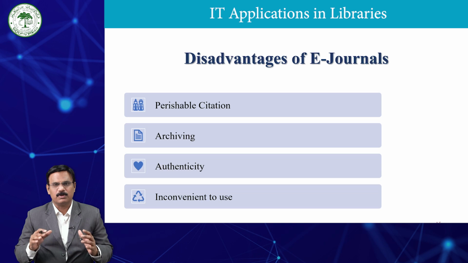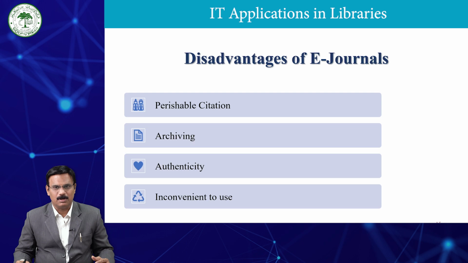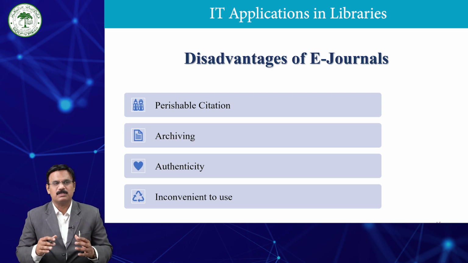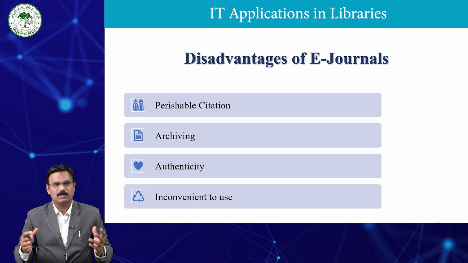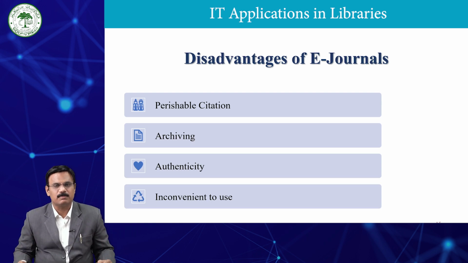This often occurs because the content being cited, such as web pages, digital reports, or online articles, is moved from the original place, updated with another URL, or deleted, or the website hosting it ceases to exist. Because of these reasons, electronic journals suffer from perishable citation.